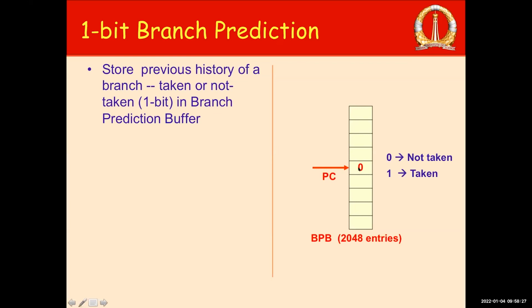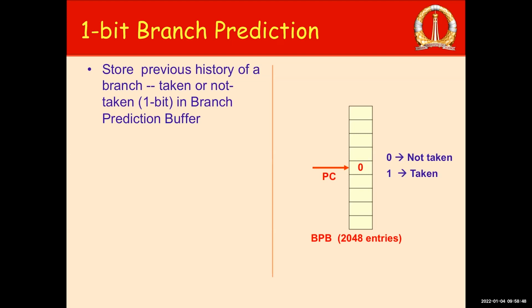So the next time the same branch instruction is being fetched, the same program counter value is used, and you index into what is called the branch prediction buffer. You find the bit to be 0, which means that the last time this branch was executed, it was not taken. So you predict this time also it won't be taken.